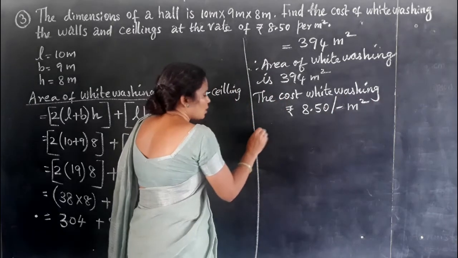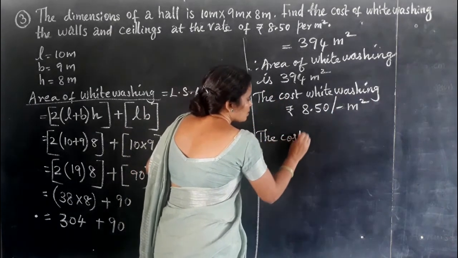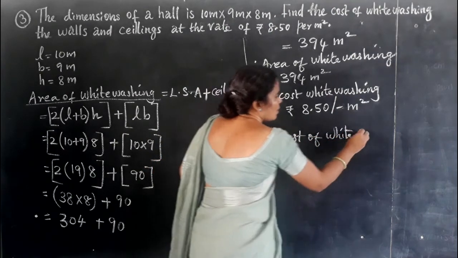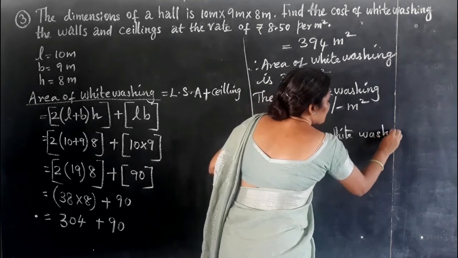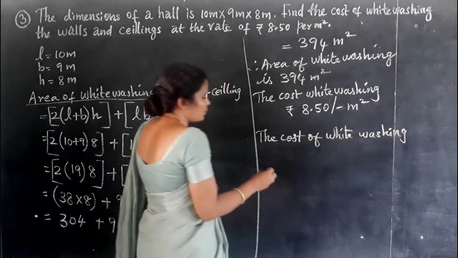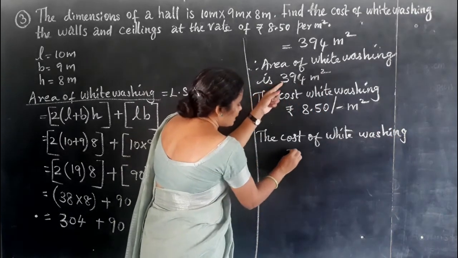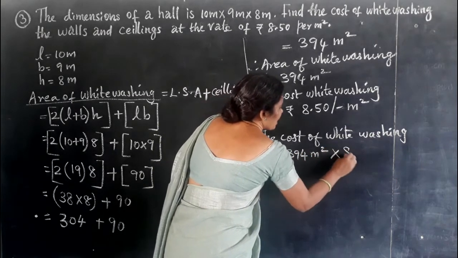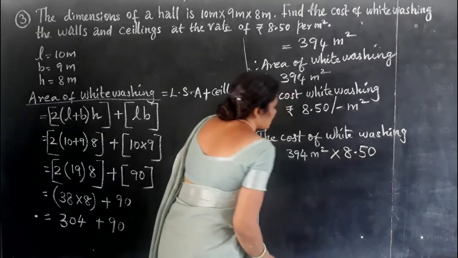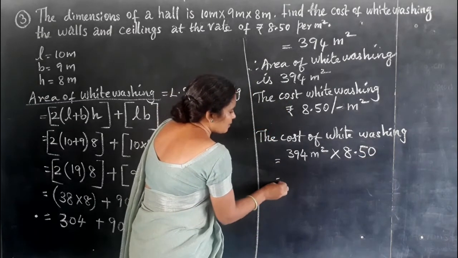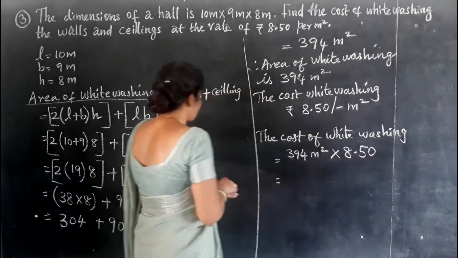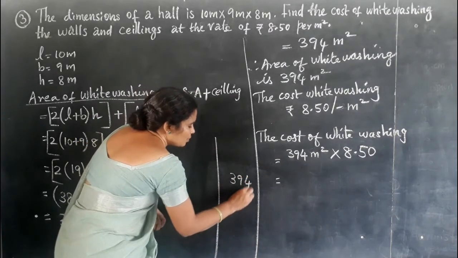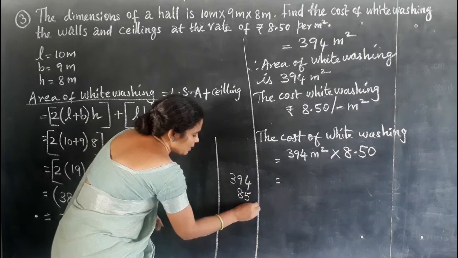So the cost of whitewashing, so 394 meter square into 8 rupees 50 paise, just multiply. So 394 into 85.